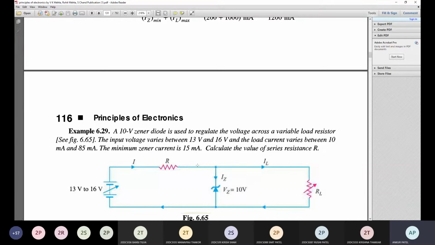Just apply the equation of R. You only need to find the series resistance R by knowing the equations. By just putting in the formula, all the values are given according to the given data. Just substitute these values and get the series resistance R.